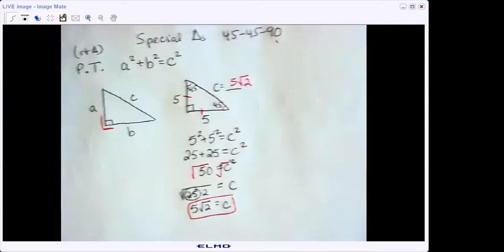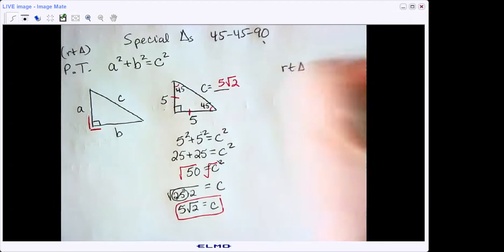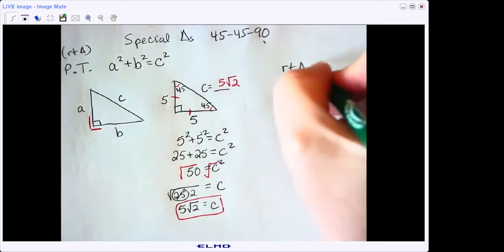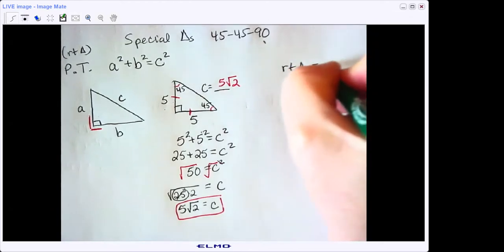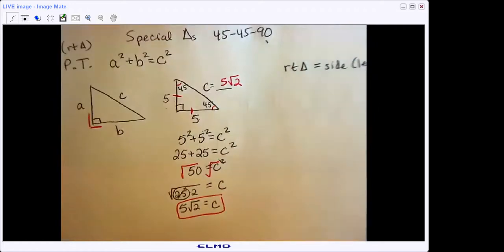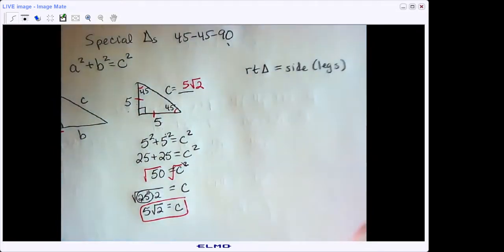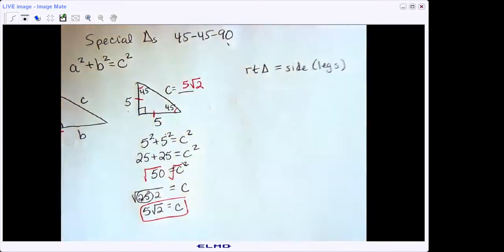So our summary on this is we have a right triangle that has equal sides, also known as legs. Do you remember what we call a triangle with two equal sides? It has a special name. An isosceles? Isosceles, good.